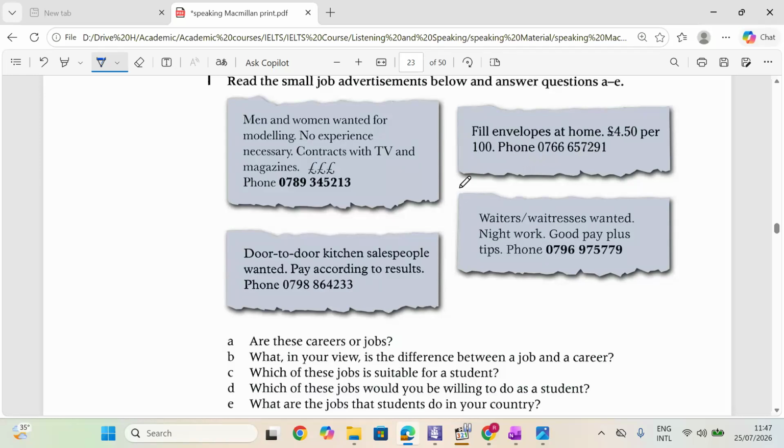Phone. Door to door kitchen salesperson wanted, pay according to the result. Phone. Waitresses wanted, night work, good pay plus tips. Phone.